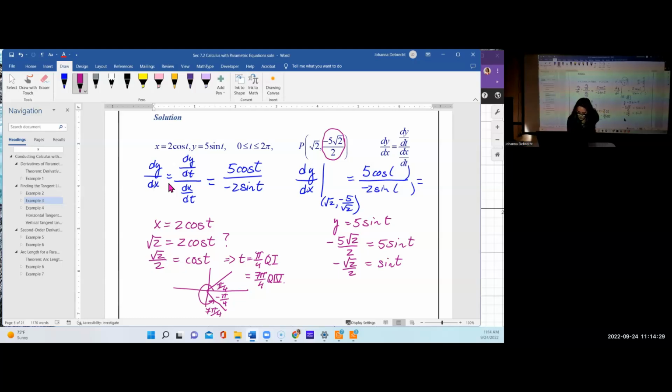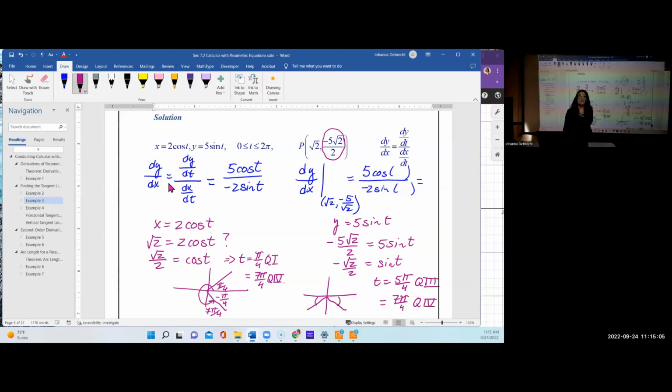So in quadrants 3 and 4, we need something with a reference angle of pi over 4 here and something with a reference angle of pi over 4 there. Again, it's got to be between 0 and 2 pi. So coming around from the positive x-axis, this is 4 pi over 4, so 5 pi over 4 is one possibility. t equals 5 pi over 4 in quadrant 3, or t equals 7 pi over 4 in quadrant 4.